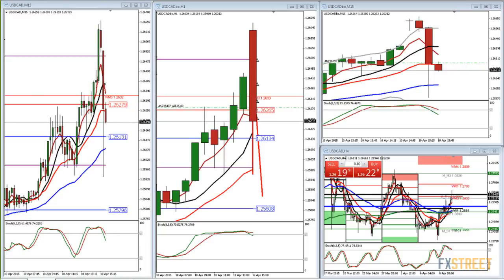But a quick breakdown. The 21 and 55, right? The orange and blue, that represents market. 21, 55. The red and black lines, they're the 5 and the 8.